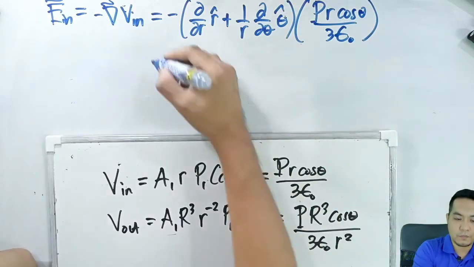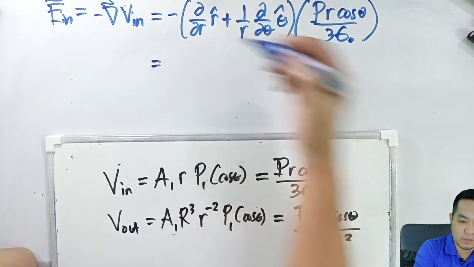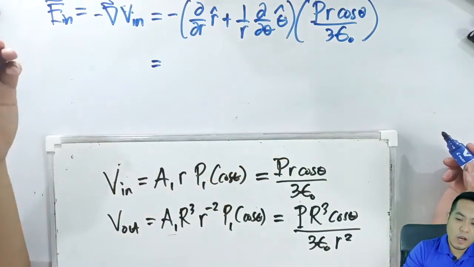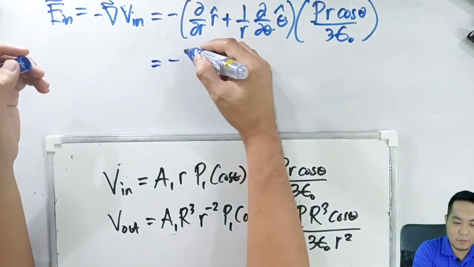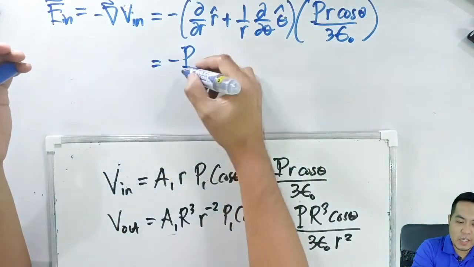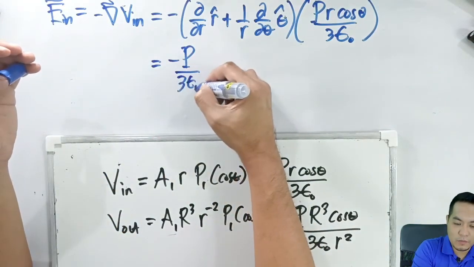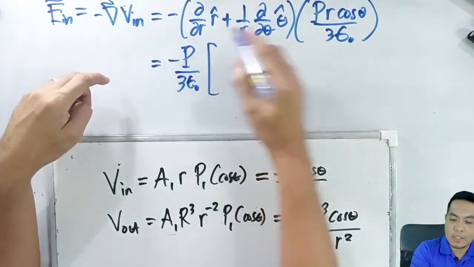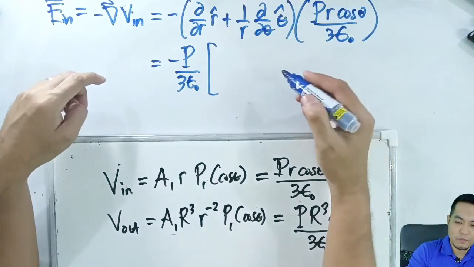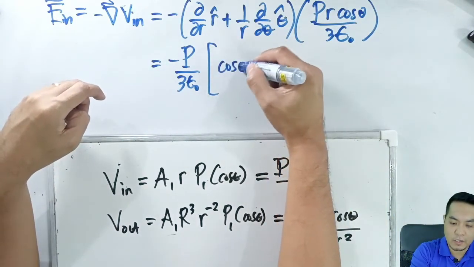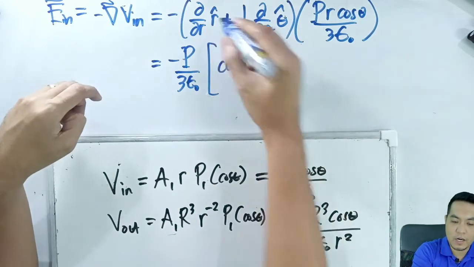Okay, what do we get? For the first operator, with respect to r, you will have negative p. I'm just going to take out all of the constants, so you have the constant p over 3 epsilon naught. The derivative of r cosine theta with respect to r is just cosine theta, r hat.